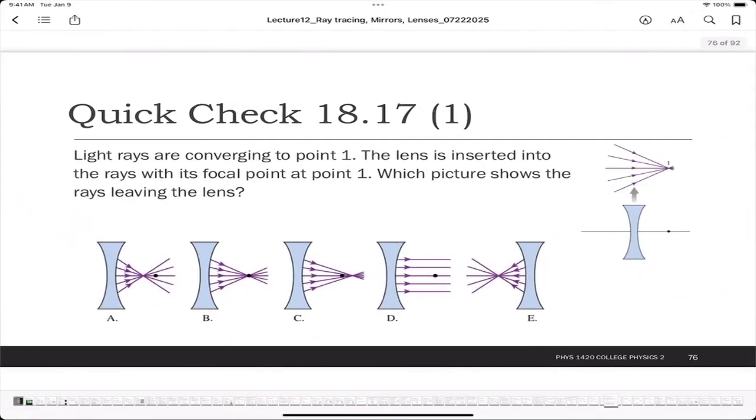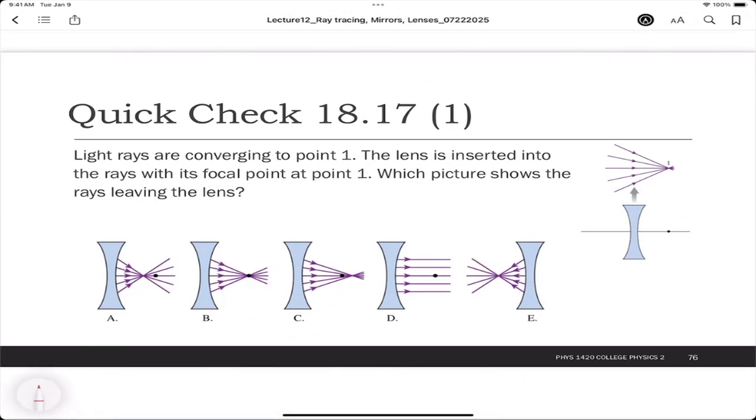Okay, let's talk about this one. Light rays converge to point one. The lens is inserted into the light path with its focal point at point one.